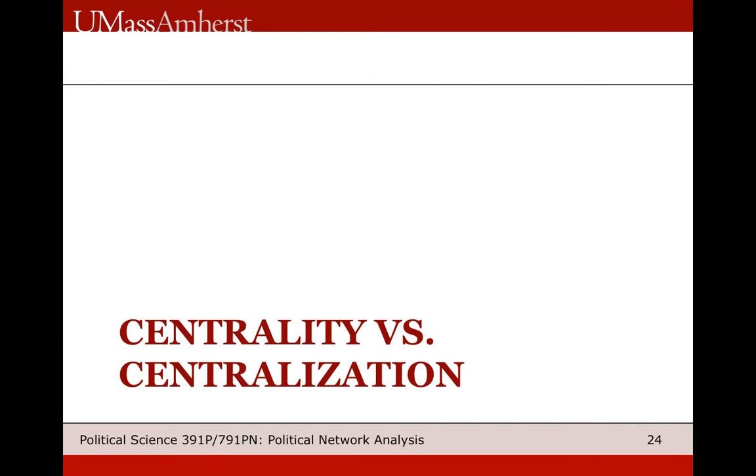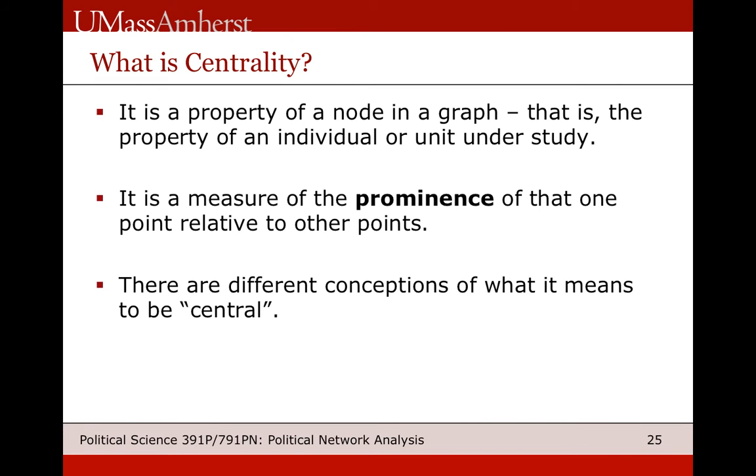Now, when we talked about degree earlier, we mentioned the concept of centrality. So now I'd like to talk to you about the node-level property of centrality and the network measure of centralization. Centrality at some level has a very, well, of course that's what it means, type of meaning. It just means that a node in a graph might be considered more prominent relative to other nodes.